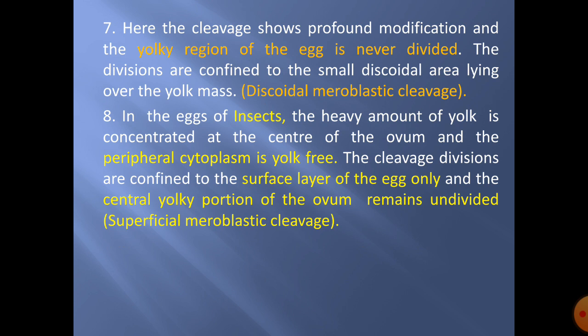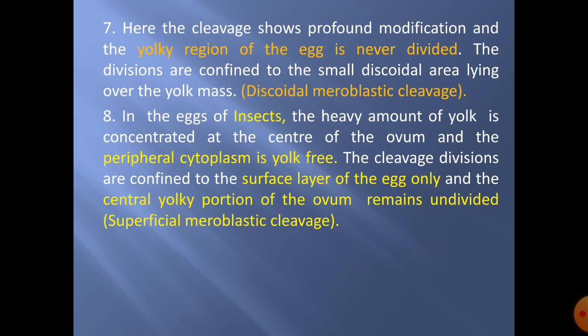Here, the cleavage shows profound modification and the yolky region of the egg is never divided. Hence, it is meroblastic or incomplete cleavage. The divisions are confined to a small discoidal area, that is blastodisc, lying over the yolk mass. The type of cleavage described here is discoidal meroblastic cleavage.